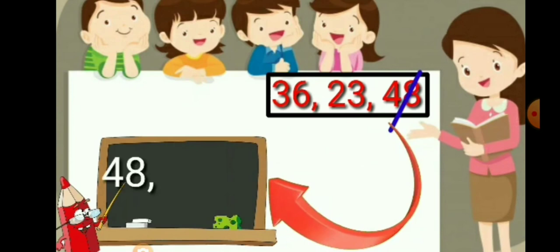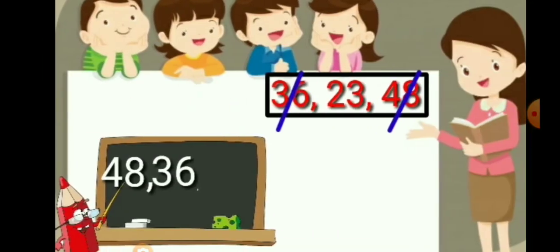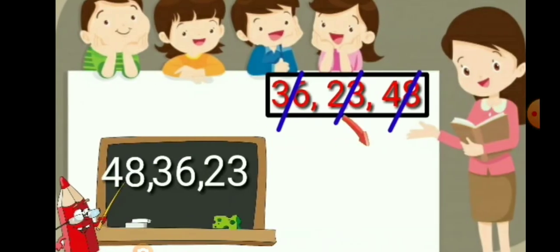The remaining numbers are 36 and 23, out of which 36 is bigger. So we will write it down second, and the smallest of all is 23, so we will write it at last. Now the descending order is 48, 36, 23.